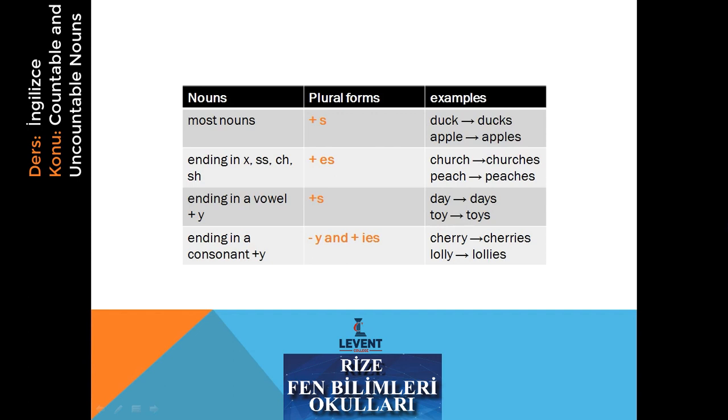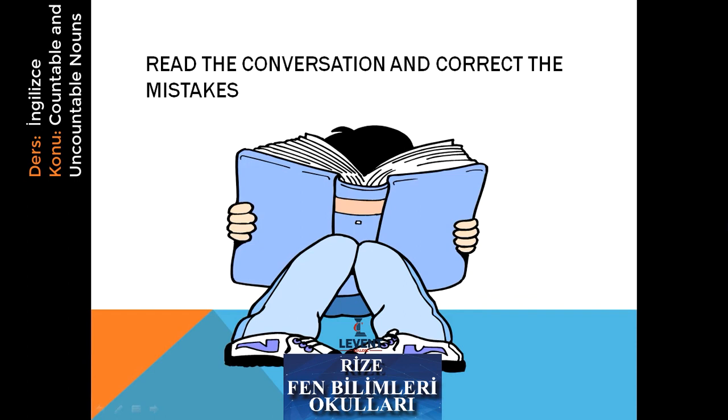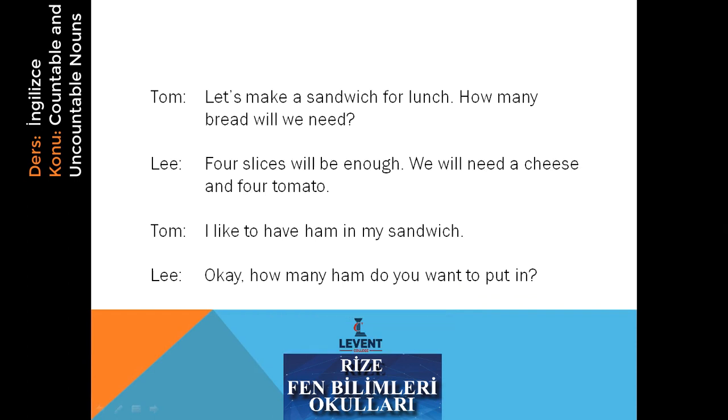Now let's take a look at this dialogue and correct the mistakes together. Okay, so bread is an uncountable noun, so we should ask how much bread instead of how many.